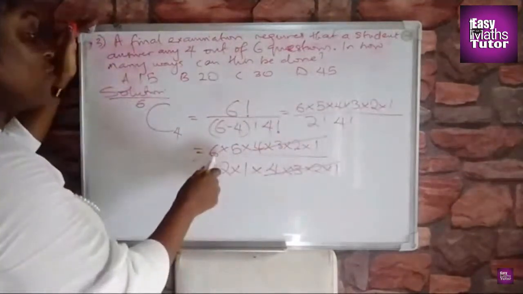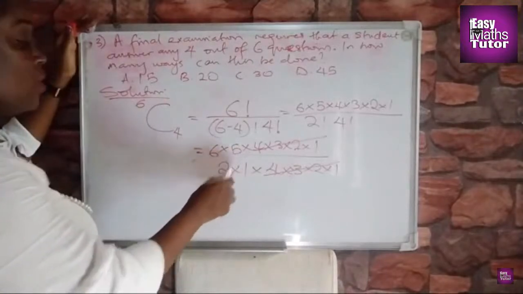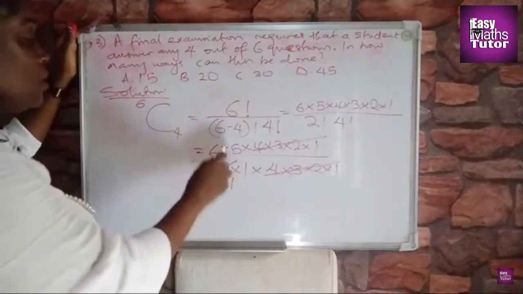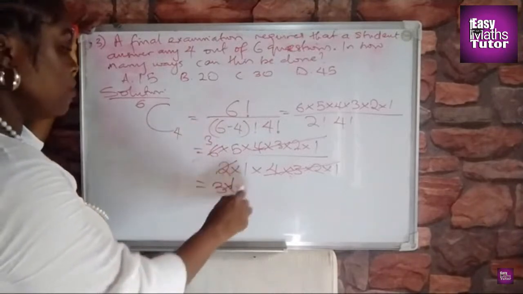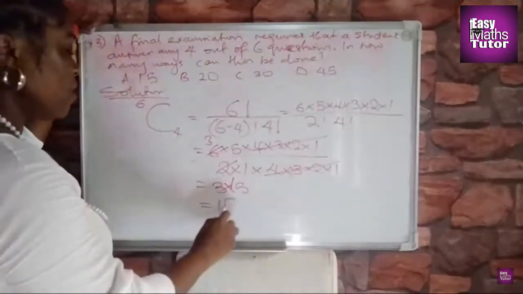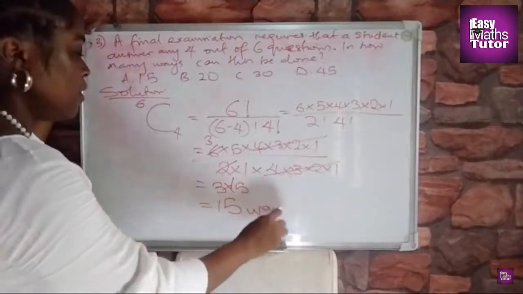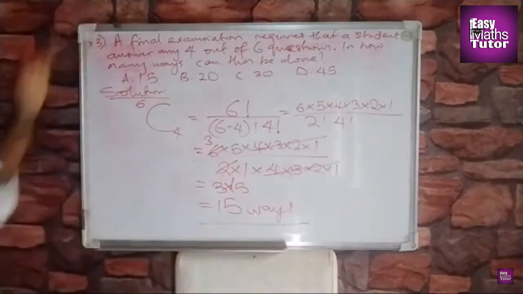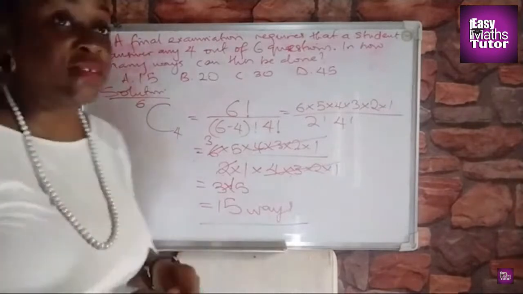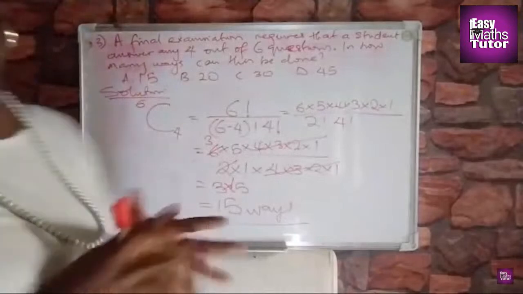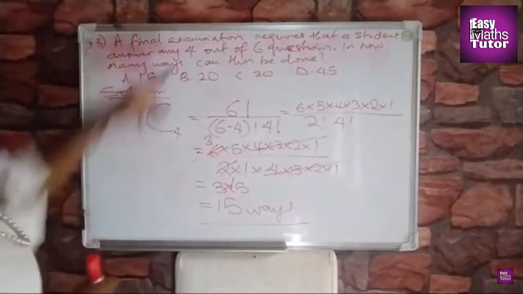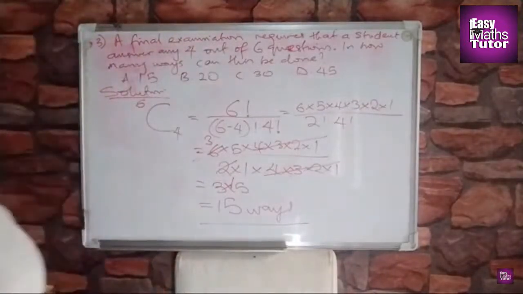So we're left with 6 times 5 all over 2. 2 cancels 6 three times, so we're left with 3 times 5, giving us 15 ways. There are 15 ways in which a student can answer 4 out of 6 questions.